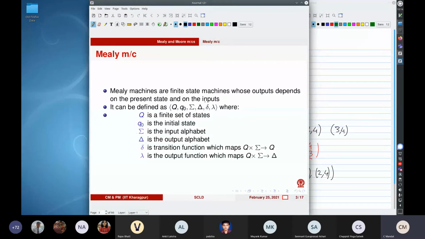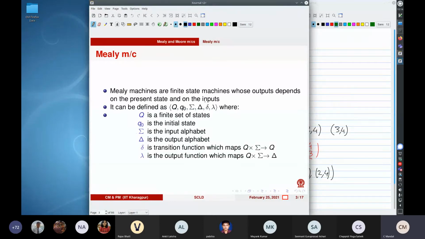Now I think you are very much aware that non-deterministic and deterministic finite automata both have the same computing power.